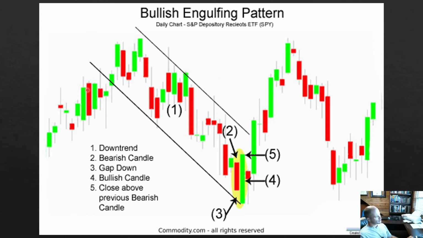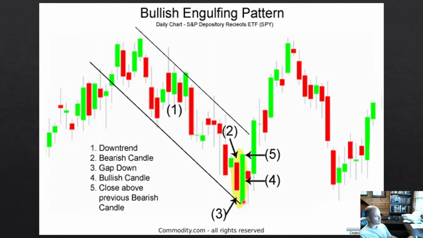Right here we've got our downtrend, right? You see our trend channel, and we have our bearish candle. Look at the next candle. What did we do? We gapped down. We opened way down here whereas it closed way up here. So there we have our open lower than the previous day's red candle right here.